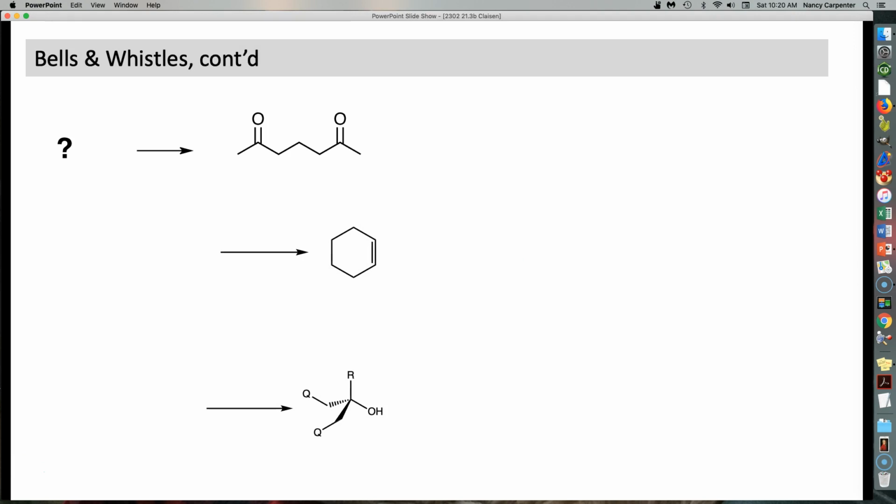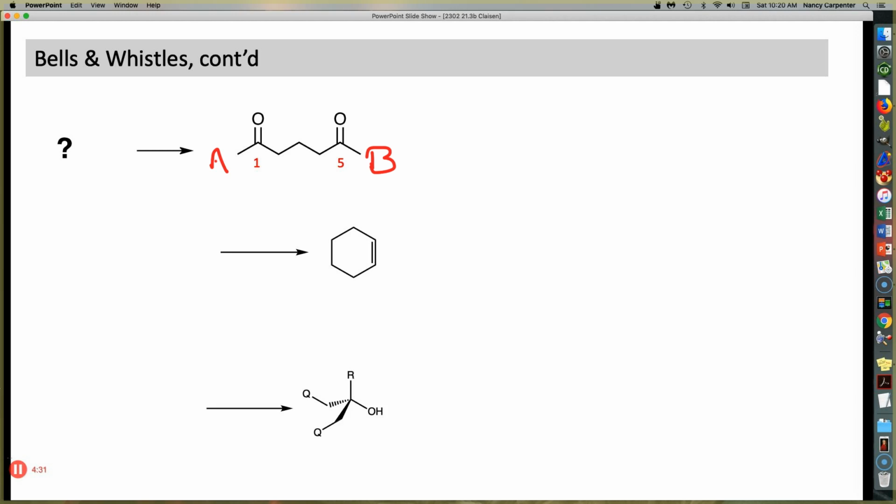Furthermore, this one's a kind of a tricky one. What about a 1, 2, 3, 4, 5? A 1,5 relationship between two carbonyls. What in the world would that be? Well, I'm going to complicate this up just a tad and put an A here and a B here. This is the bell and whistle for a Michael reaction, which means, where would my enolate be?